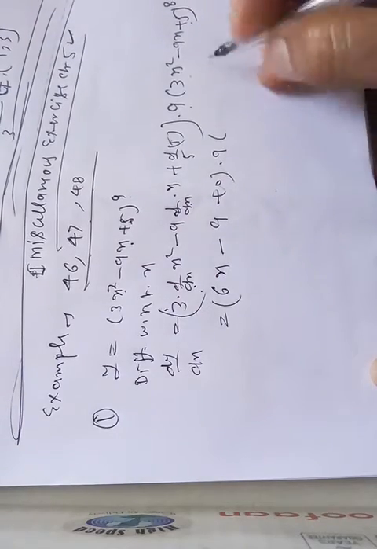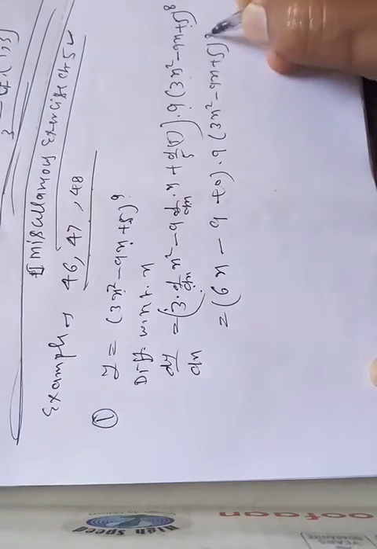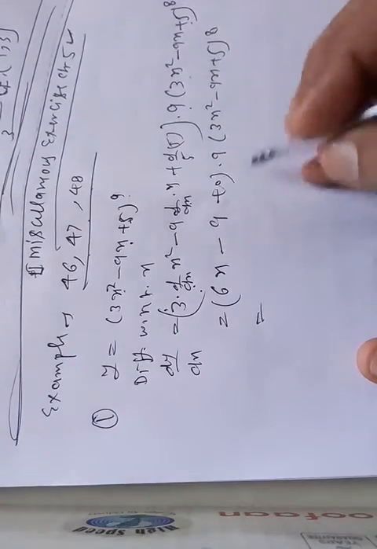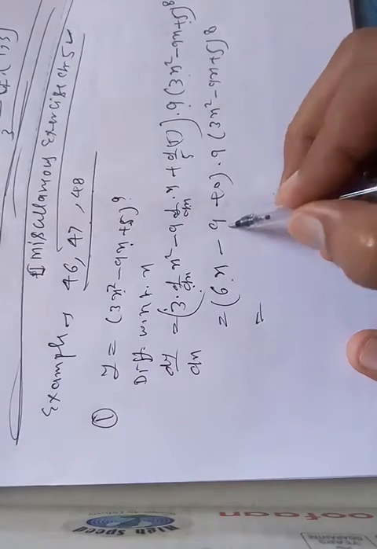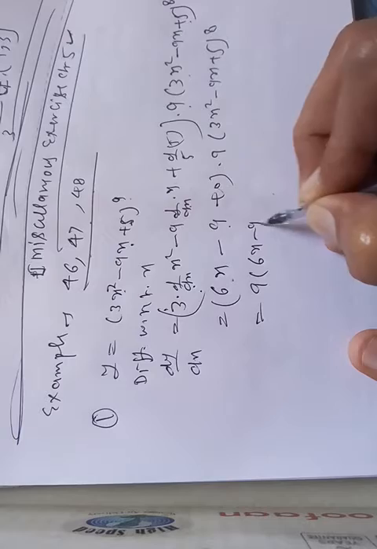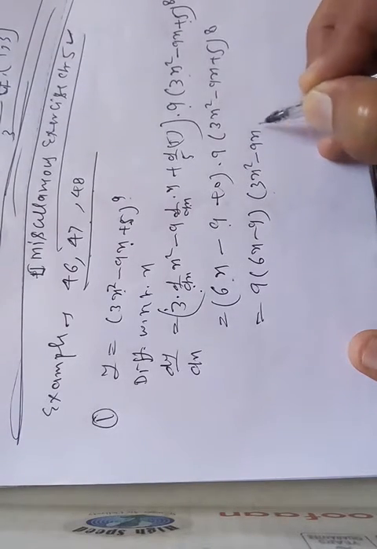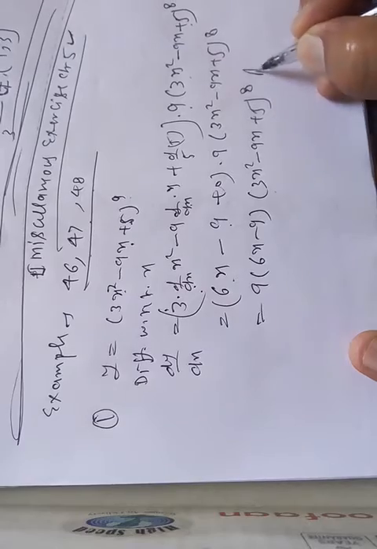So dy/dx equals 9 into (3x square minus 9x plus 5) raised to 8 multiplied by (6x minus 9). That is your answer. Okay, next question.